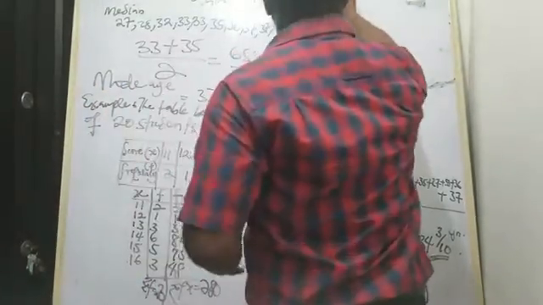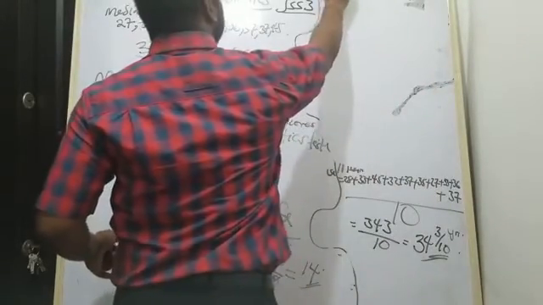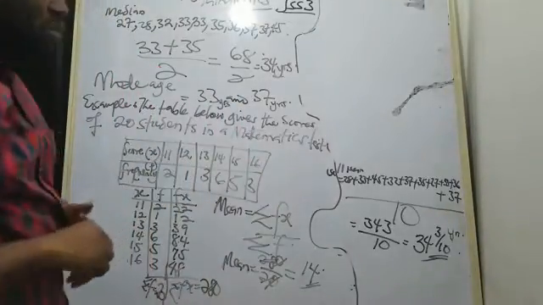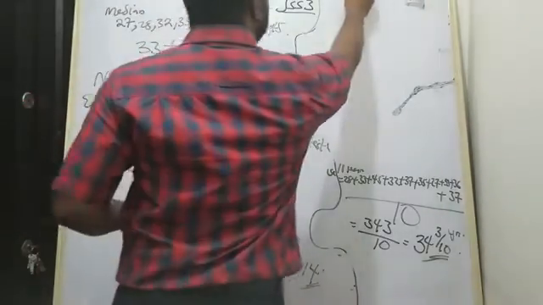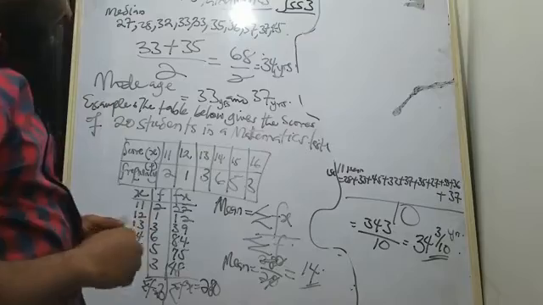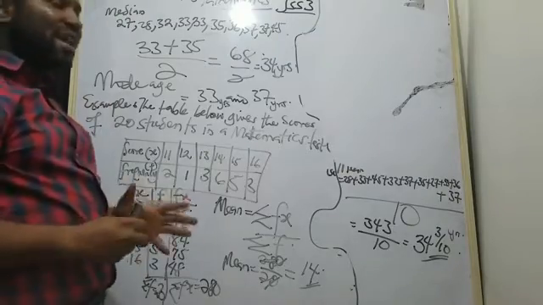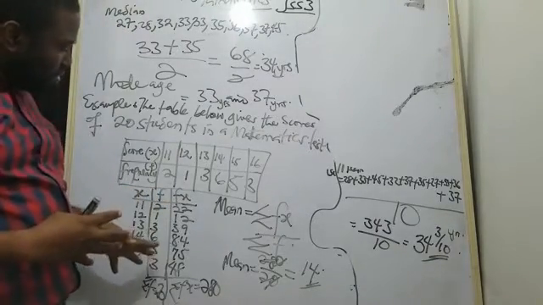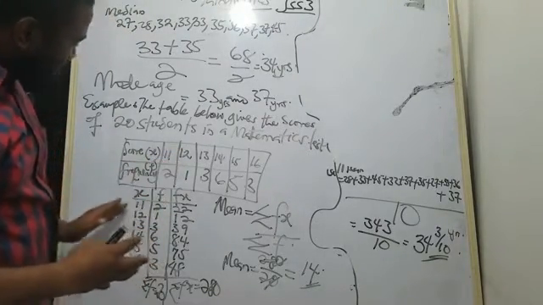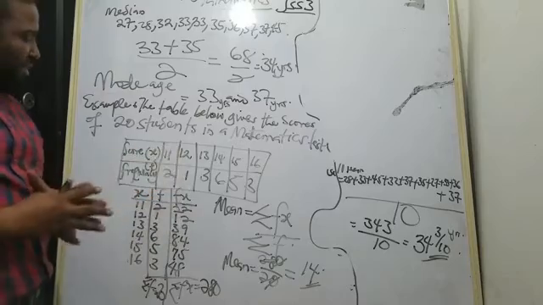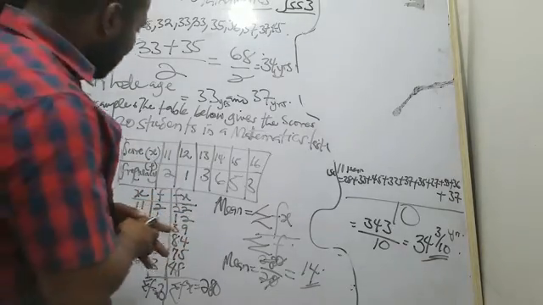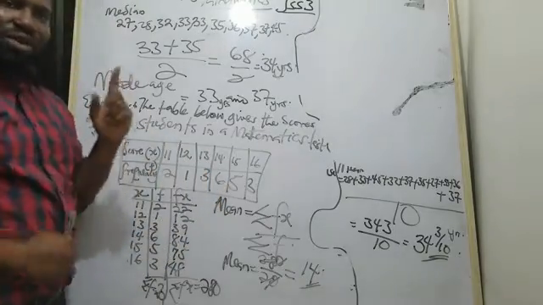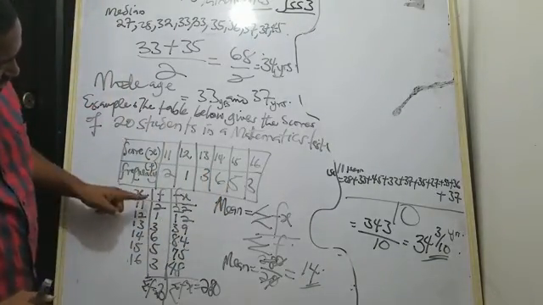What is our median? How do we get our median? Now, look at this. What would be the middle number for all this? How do we calculate it? You may calculate with the frequency. Let's add together now.